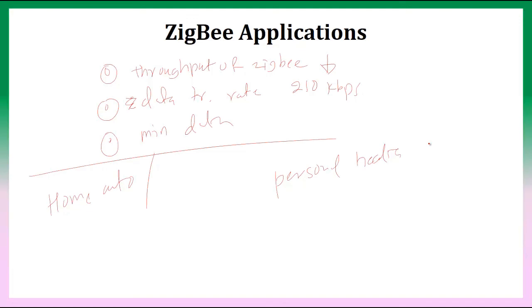Just before ending, I would conclude that since there is no global standard so far in wireless sensor networks, or even if there is, it is not that modified or mature, ZigBee plays a vital role in most wireless applications.